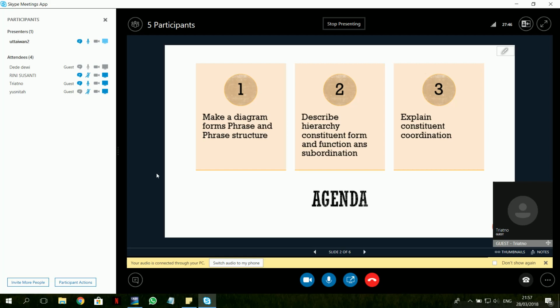So, please remember that the phrases in sentence, frasa dalam kalimat, can be represented by trees, dapat digambarkan dengan pohon. As we learned last week, the trees look like a mathematic thing when we learn as in elementary school.